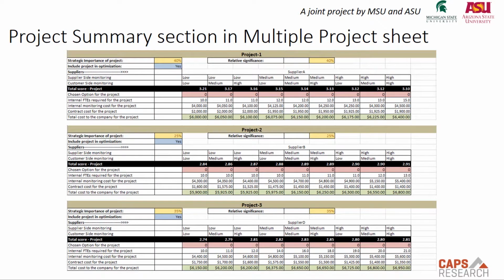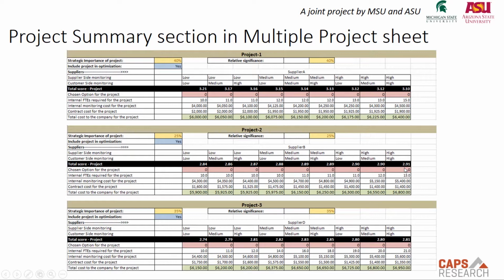So you can see here there's 3 projects specified at this point. They all have zeros in them, so none of those are selected yet for the optimization. Though I could say again that the low would be the best choice for project 1. For project 2, it looks like the best one is the 2.91, so it's a high.